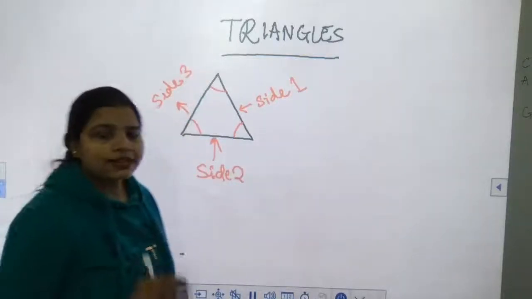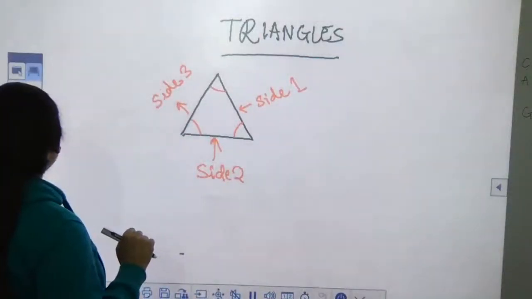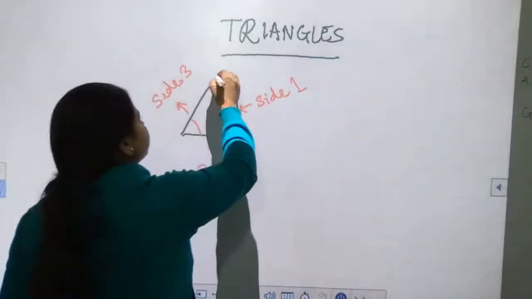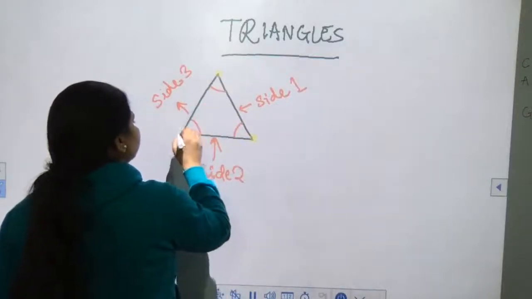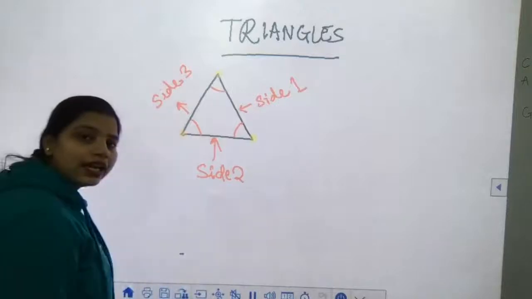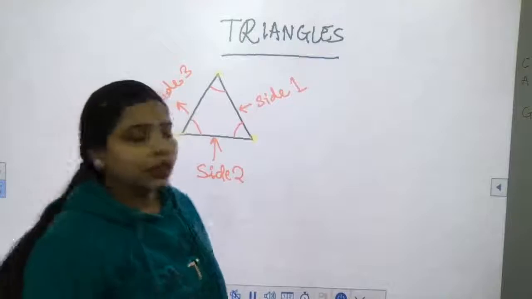A triangle has 3 sides, 3 angles and one more thing, 3 vertices. 1, 2 and 3. Right? So this is about a triangle.